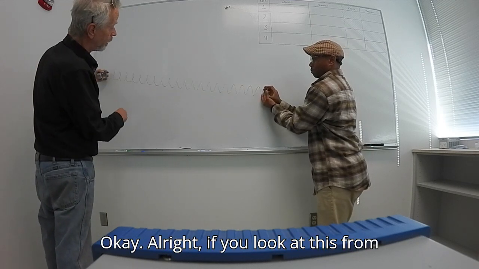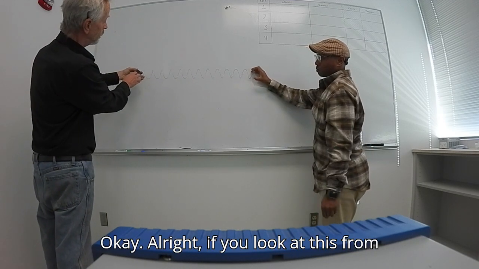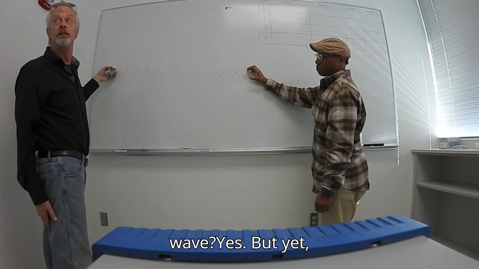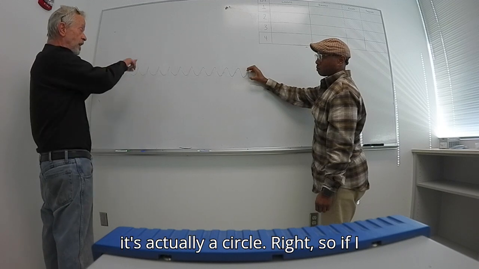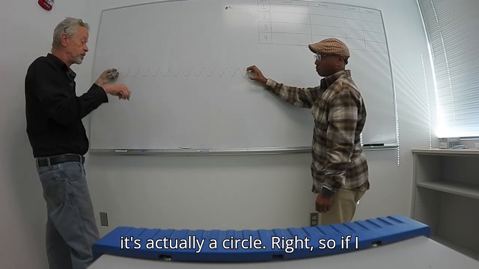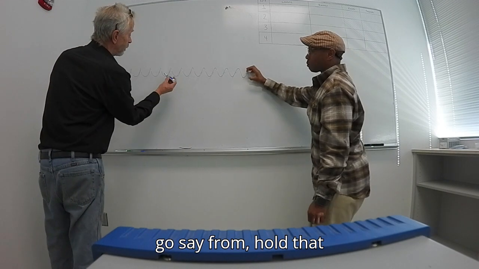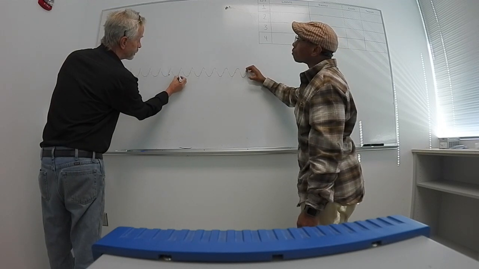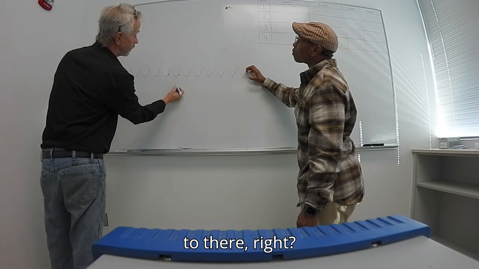Okay. All right, if you look at this from the side, does it look like a sine wave? Yes. But yet it's actually a circle, right? So if I go, say, hold that still, if I go from here to there, right?